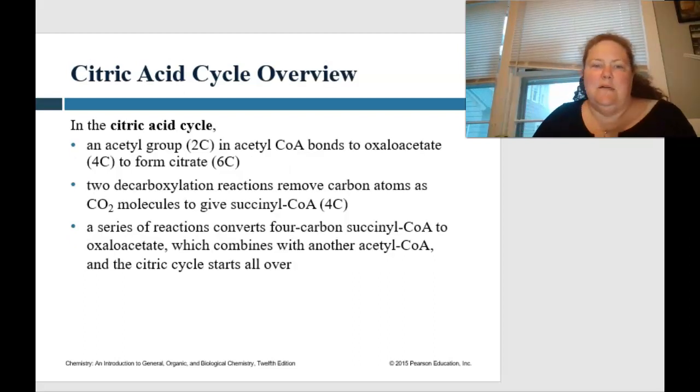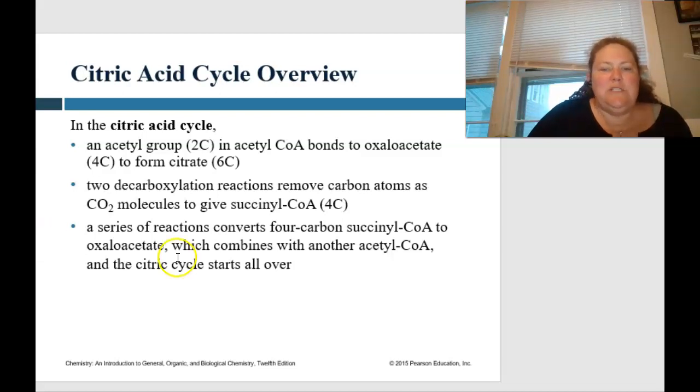So in the citric acid cycle, an acetyl group, which is 2 carbons, in acetyl-CoA bonds to an oxaloacetate 4-carbon group to form citrate, which is 6 carbons. So remember, everything has to add and equalize out. Then 2 decarboxylation reactions remove carbon atoms as CO2 molecules to give succinyl-CoA, and this is 4 carbons.